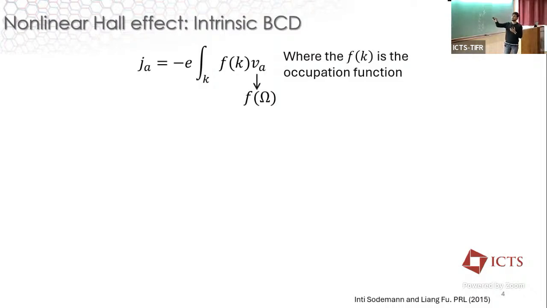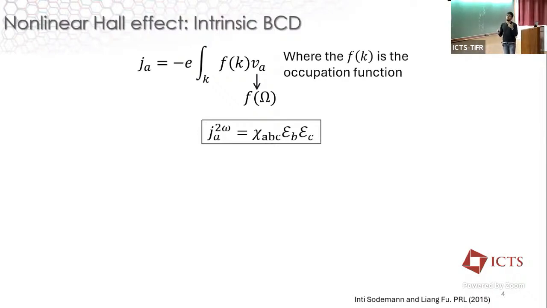This was shown by Sodemann and Fu in 2015, which shows that this 2 omega component, basically the second order response in the current density, is this chi ABC, which is basically the conductivity of the second order, multiplied by this electric field square.